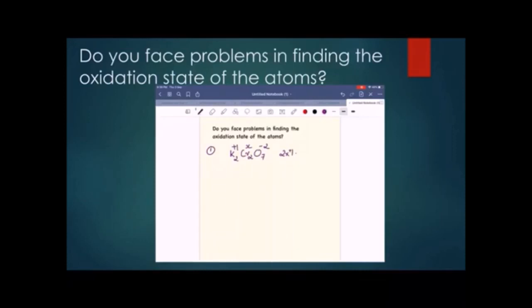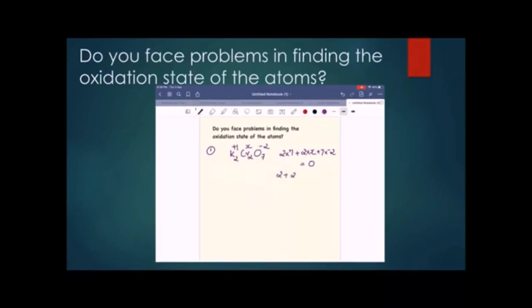So 2 into +1 plus 2 chromium atoms, and we do not know what is the oxidation state of chromium. So that is X plus 7 oxygen atoms. Each oxygen atom has an oxidation state of -2. If we add all these things, we should get the sum as 0.